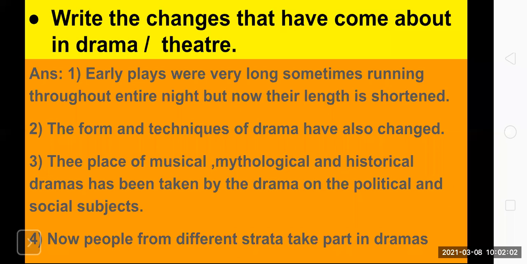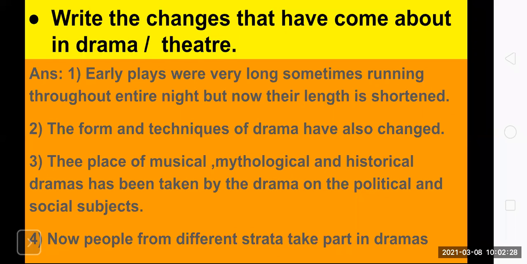The forms means तरीके, नाटक के जो तरीके हैं वो भी अभी चेंज हो चुके हैं. Earlier, in the pre- and post-independence period, the drama was divided into different parts, like act number 1, act number 2, act number 3.